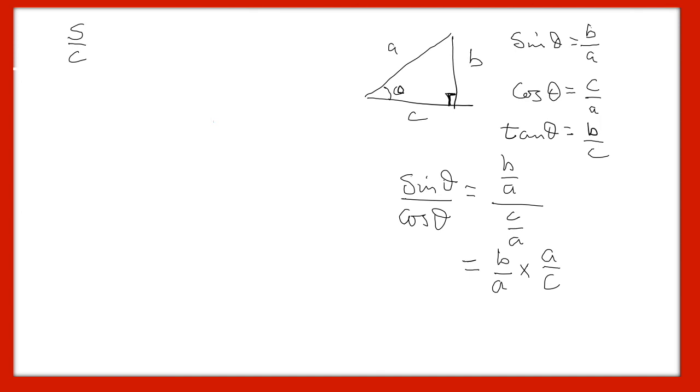Okay, oh look, A's cancel, leaves me B over C, which is therefore tan of theta. So I can claim, and I'm actually going to do it just to show that I can do the writing, sine of theta over the cos of theta is equal to tan theta.